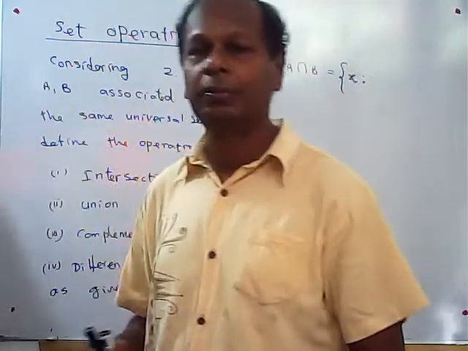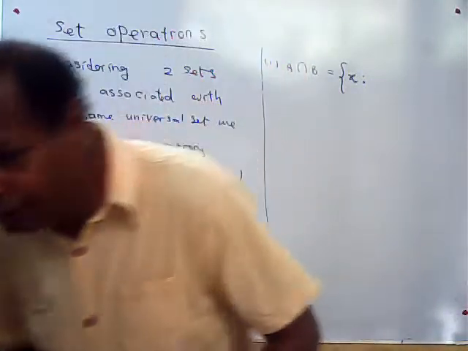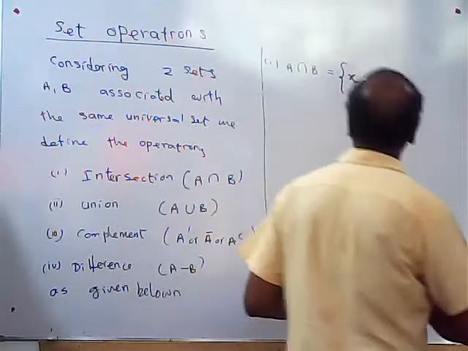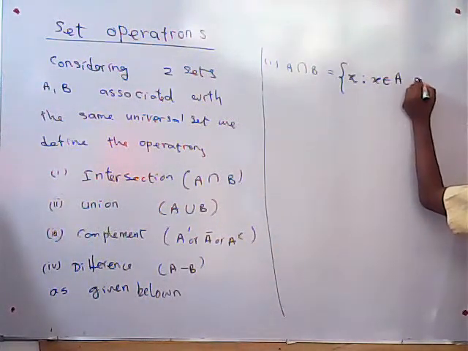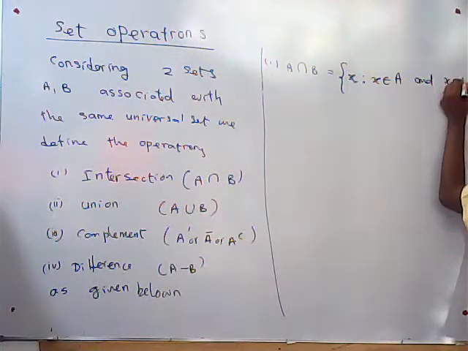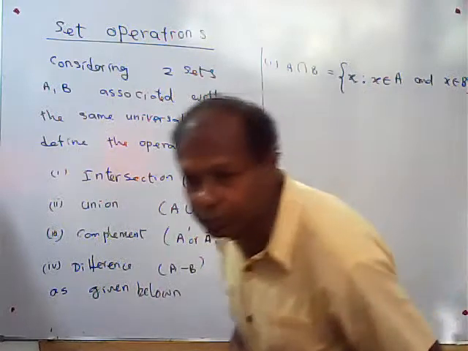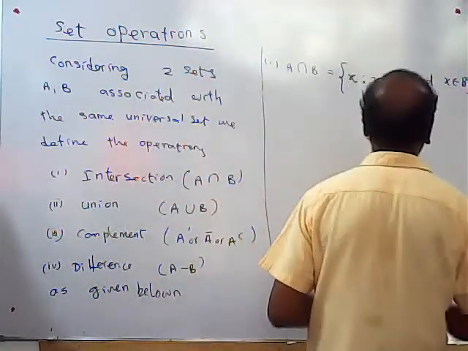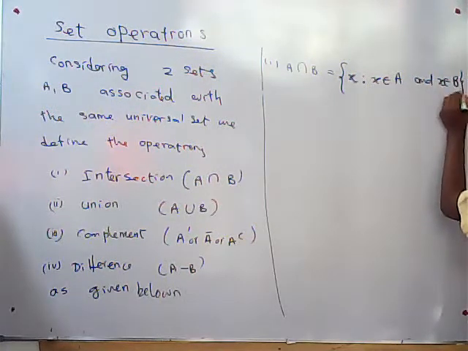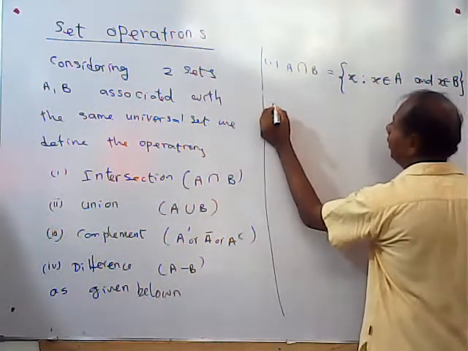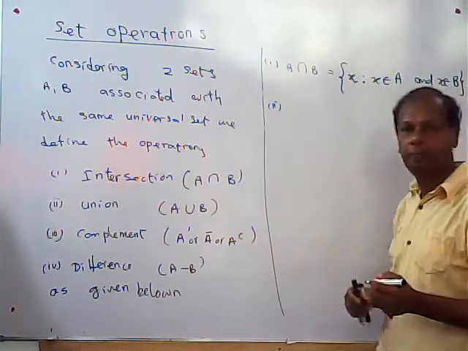The things in both A and B form the set A intersection B, right? X belongs to A and X belongs to B. The set is formed by common elements of A and B. X should be in A and at the same time it should be in B.